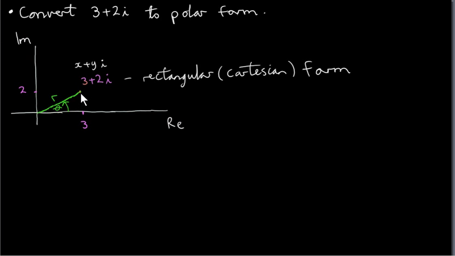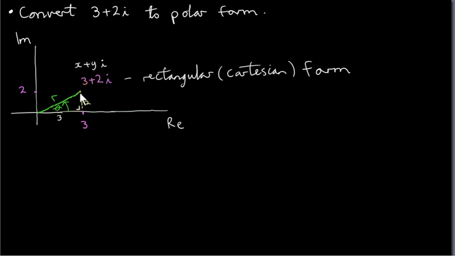So how do we relate r and theta to x and y? Well, we just use some trigonometry. You can see that we have a right-angled triangle formed here. The side opposite theta is just the y value, our imaginary part, which is plus 2, and the side adjacent to theta is plus 3.